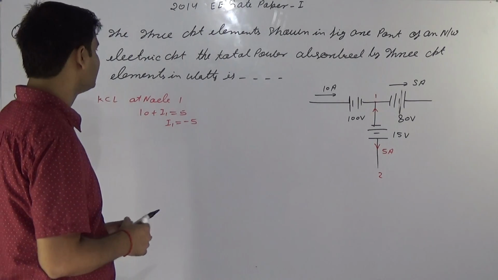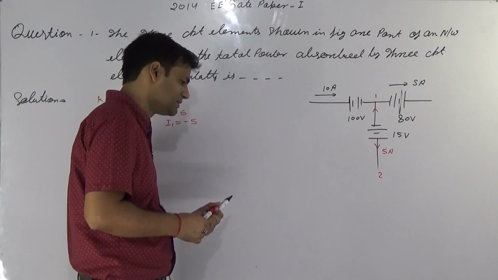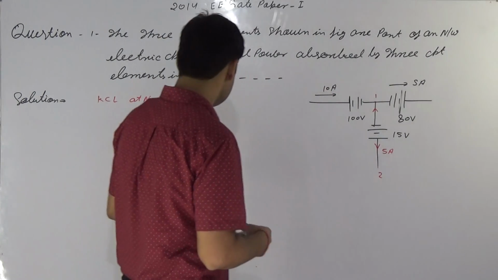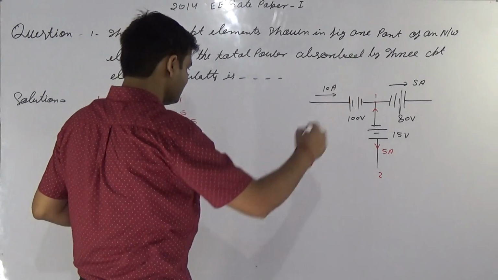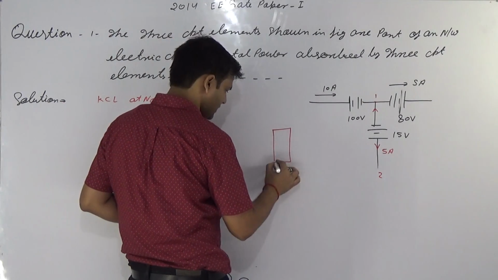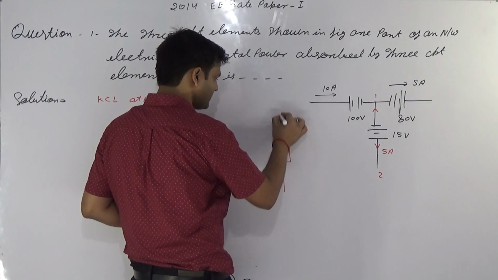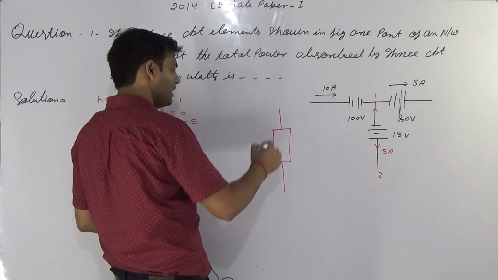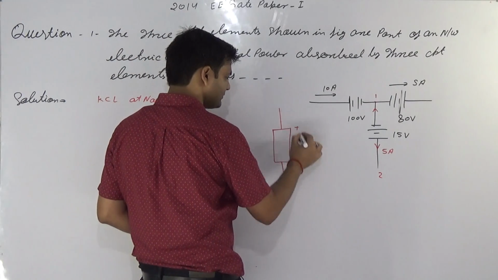Now, total power absorbed by three elements in watts means the sum of all powers. Just go to the basic definition of power absorption. Suppose that this is an element with voltage V across it.